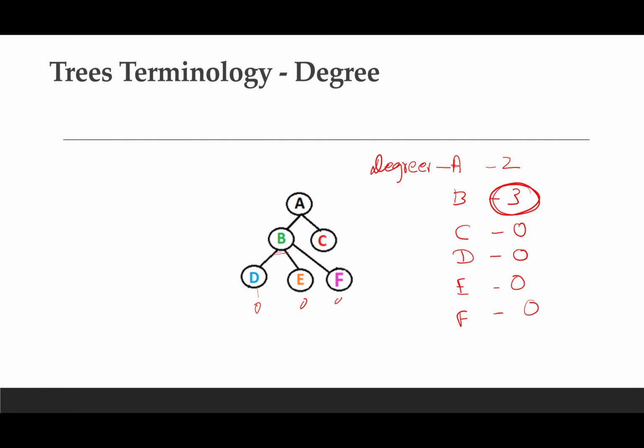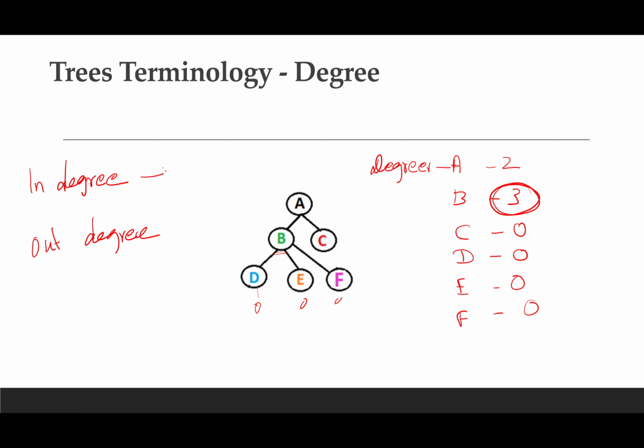And we are categorizing degree into two types: in degree and out degree. The in degree of a node is the number of edges arriving at the node.